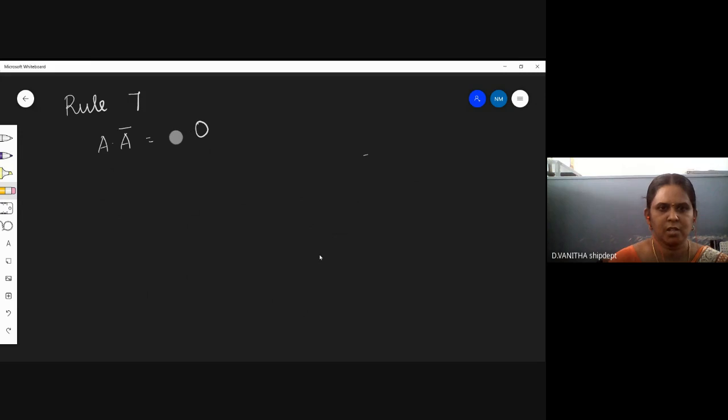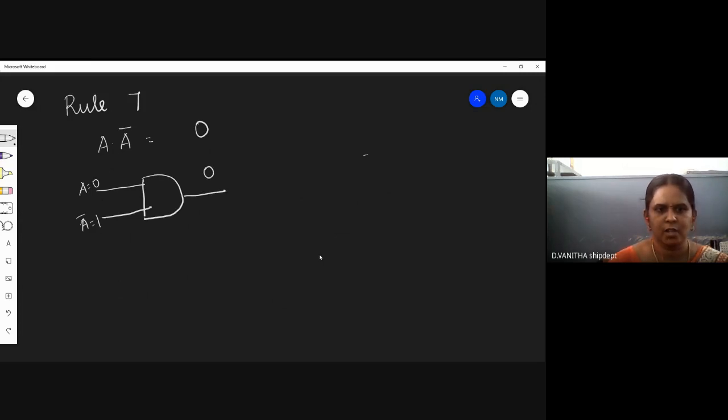A into A bar is equal to 0. For that, I have to draw that and get. So this is A and this is A bar. So A is equal to 0, A bar is equal to 1. So this is equal to 0.